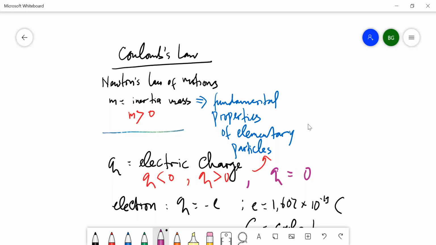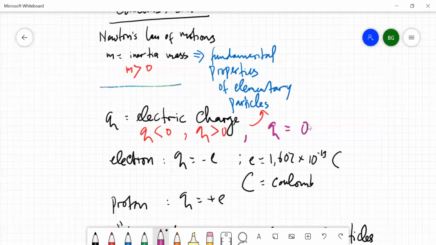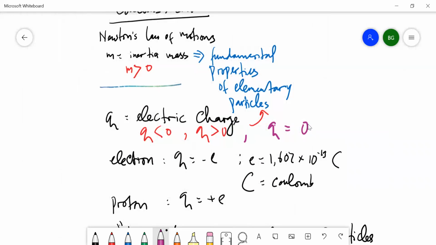What it means is that these elementary particles can be distinguished by their mass and also their charge. For example, we have the electron. The electron charge is minus e, where e is the electric charge unit. It equals 1.602 times 10 to the minus 19 coulomb.